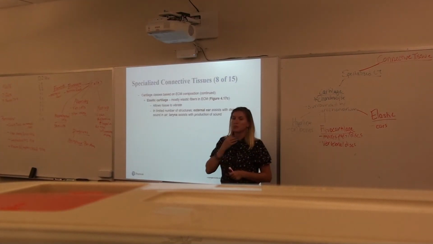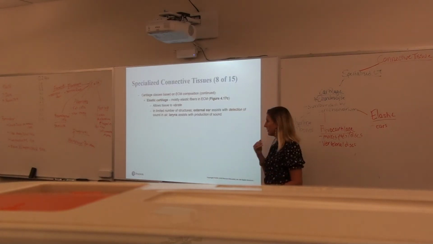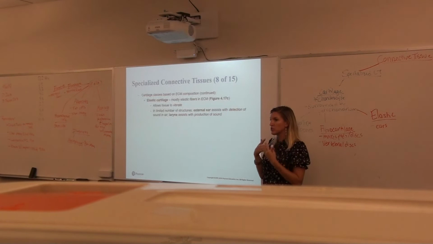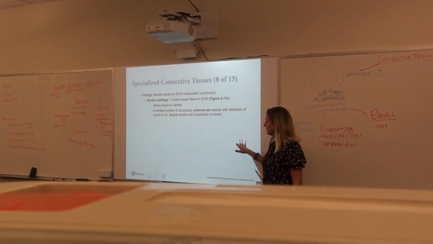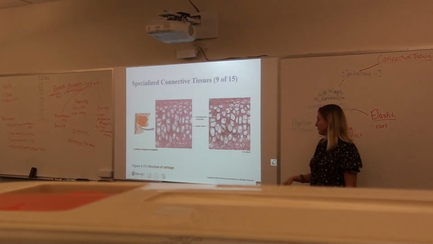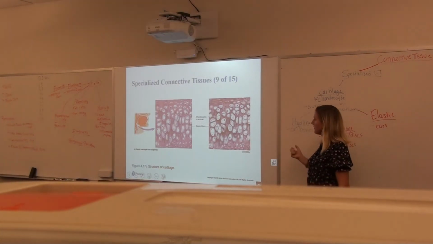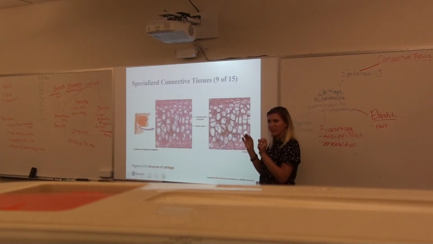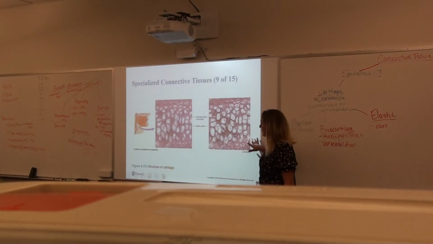Parts of your larynx, parts of your throat also have elastic cartilage in them to help with that vibration that produces the tonation of your voice. So here you see much more fibers, right? Denser. And the fibers actually look different than they do in fibrocartilage because they're thin elastic fibers.